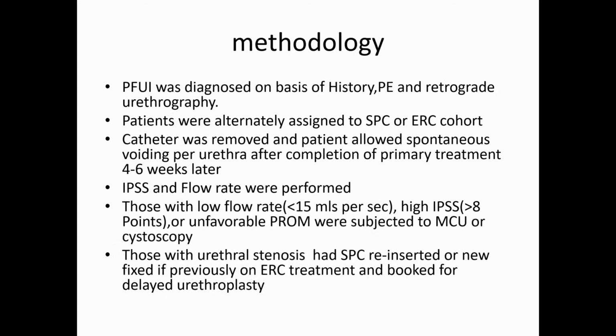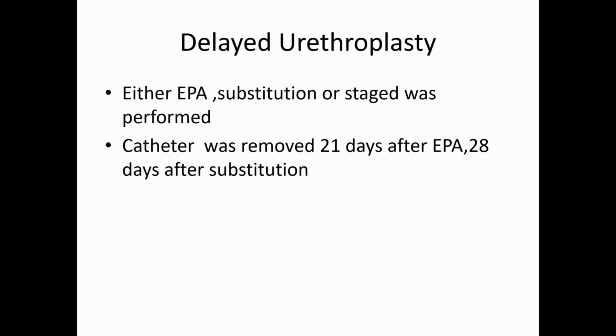The method was that patients with PFUI were selected alternately for SPC or endoscopic management. So we selected 40-40 for each arm, but there were 15 in favor of SPC due to unavailability of theater, because endoscopic realignment is theater-based almost exclusively.